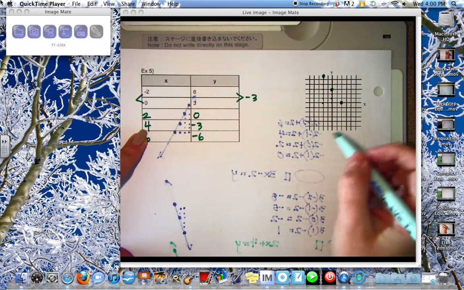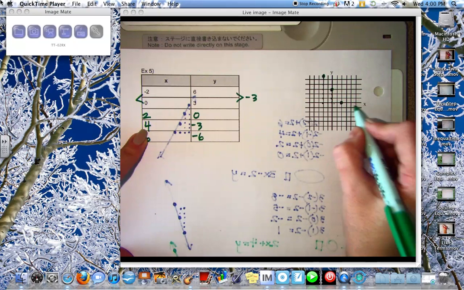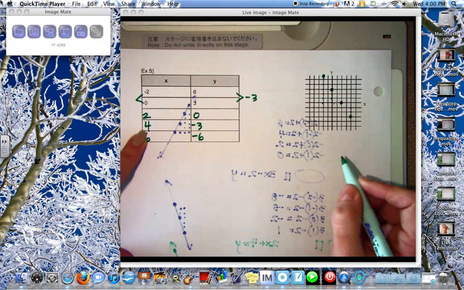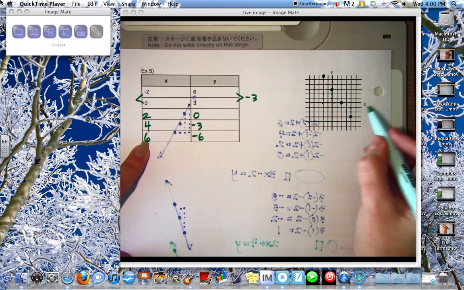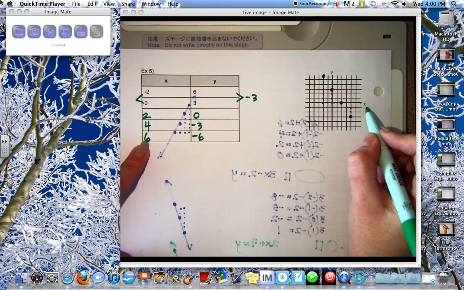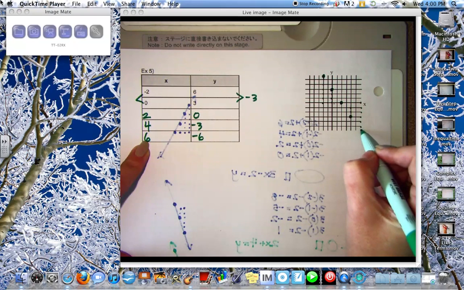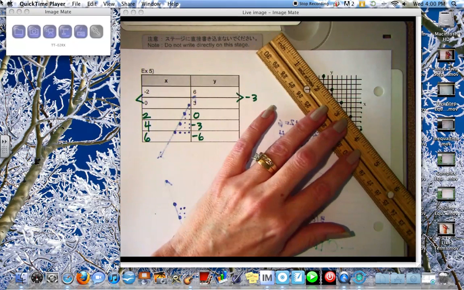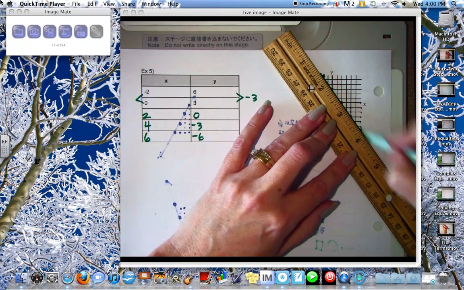Next ordered pair is 4 and negative 3, so we go over 1, 2, 3, 4, down 1, 2, 3. And the last ordered pair, 6 and negative 6, so we're at the edge here. And we go down 1, 2, 3, 4, 5, 6. So we have a straight line. So it looks like we figured out our pattern.